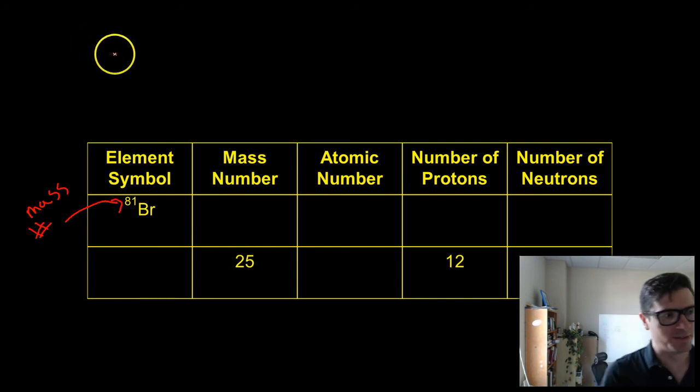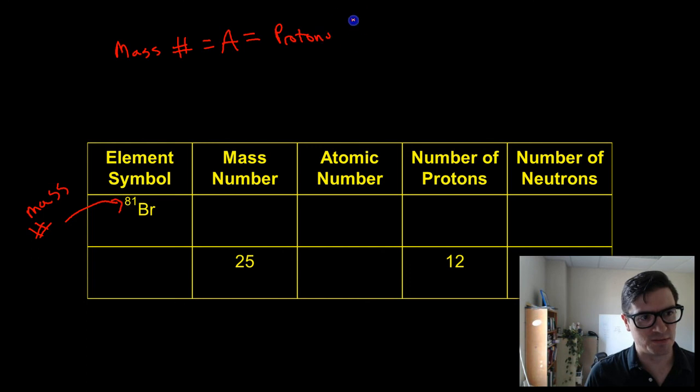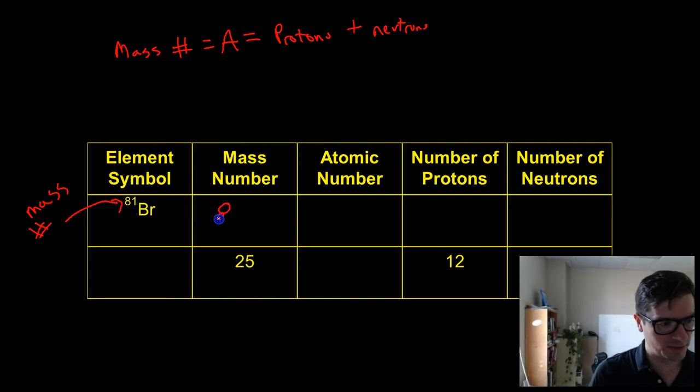So remember, the mass number, this is sometimes called A, which equals your protons plus neutrons. So that mass number here, you can just fill right in.